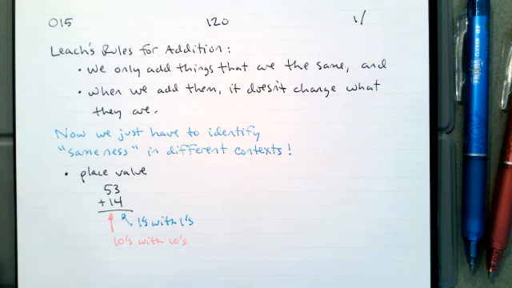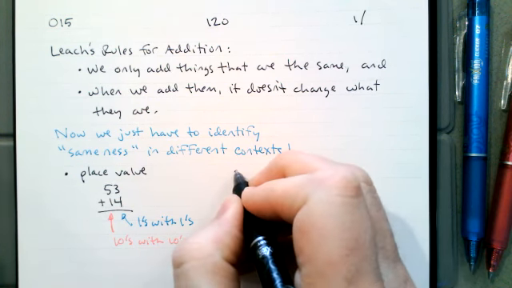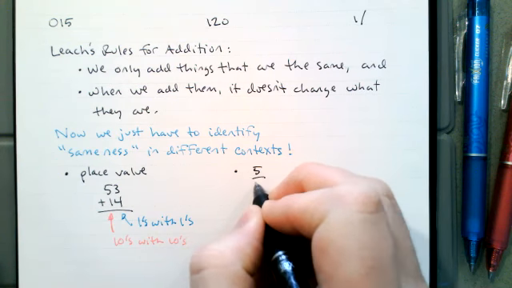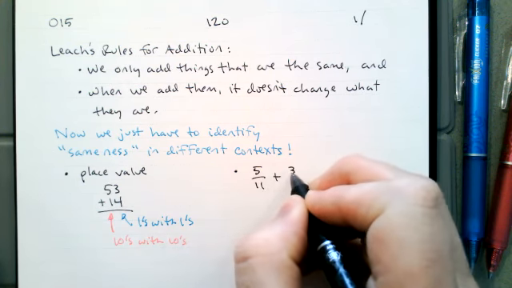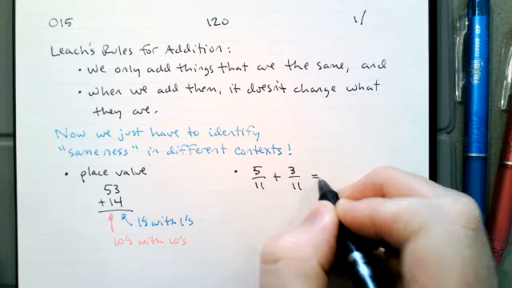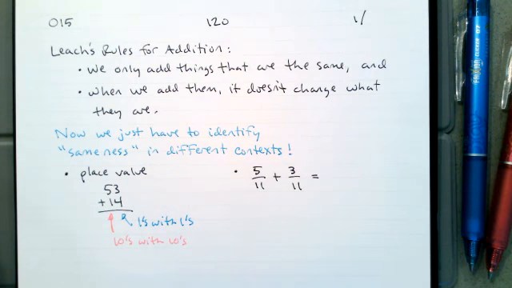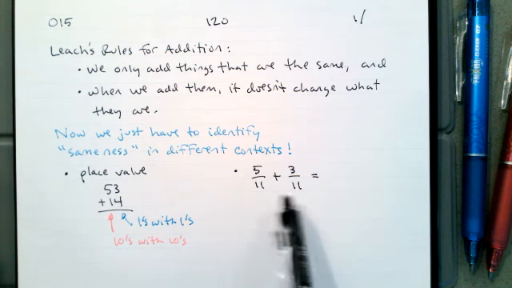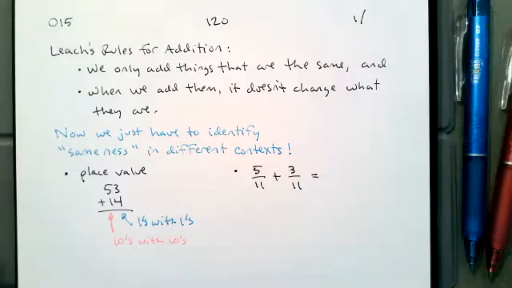We also saw sameness in common denominators. When we add fractions, sameness in fractions is the denominator. The denominator is the denomination of this fraction, and they have to have the same denomination so we can add them. So that is sameness in fractions.